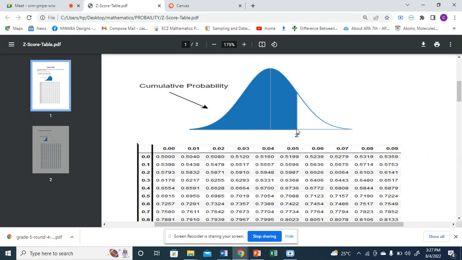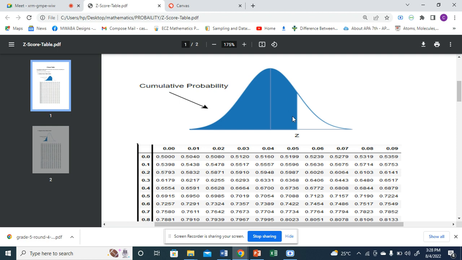Your z-score is here, and the shaded area is the probability less than your z-score. If the white part is the one which is shaded, then it's giving you the probabilities greater than your z-score. In our case, we're going to first find the probability which is less than our z-score of 2.